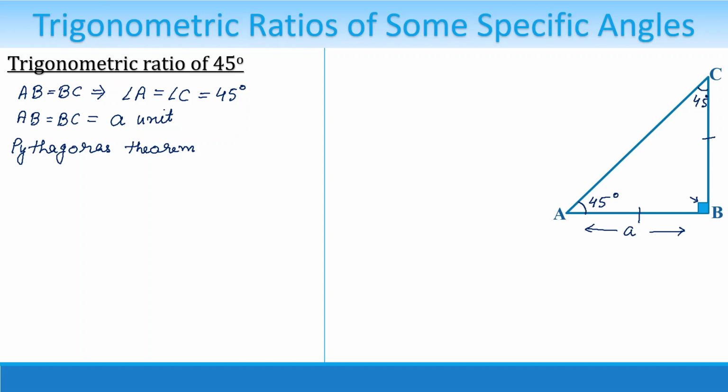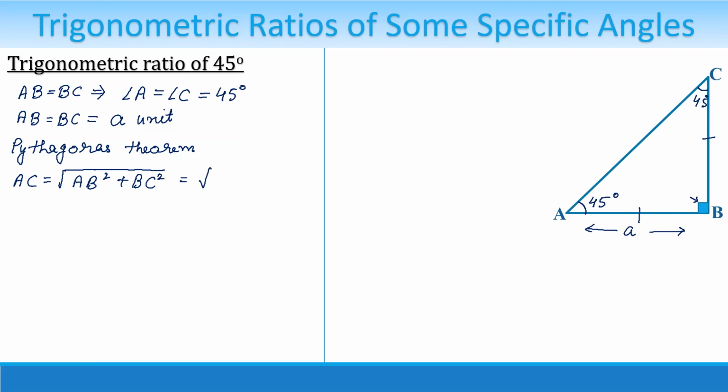So for the same, what we are going to do is calculate the length of AC by using Pythagoras theorem. So AC will be the square root of AB square plus BC square.